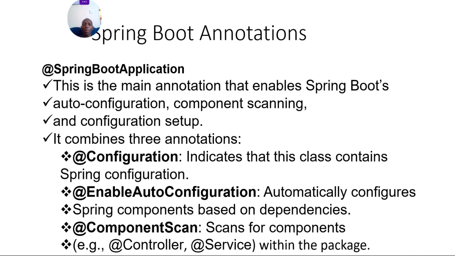The first one is @SpringBootApplication. This annotation is the main annotation that enables Spring Boot's auto-configuration, component scanning, and configuration setup. This @SpringBootApplication annotation is a combination of three key annotations: @Configuration, @EnableAutoConfiguration, and @ComponentScan. @Configuration indicates that this class contains Spring Boot configuration. @EnableAutoConfiguration automatically configures Spring components based on dependencies.